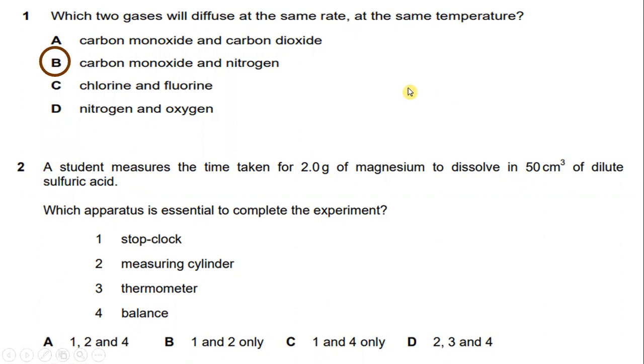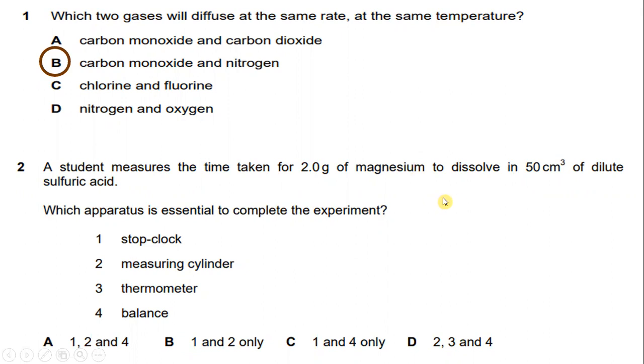B. A student measures the time taken for 2 grams of magnesium to dissolve in 50 cm³ of dilute sulfuric acid. Which apparatus is essential to complete the experiment?